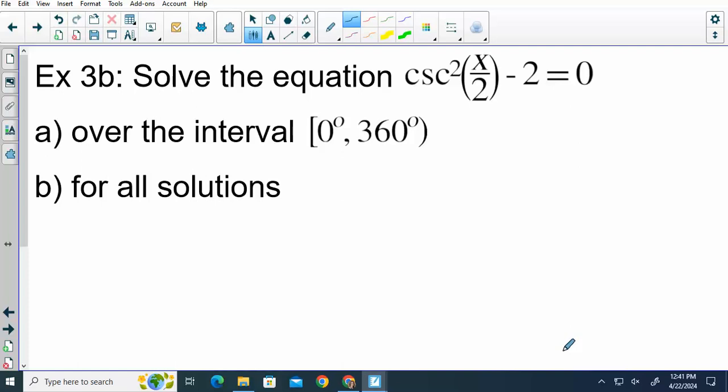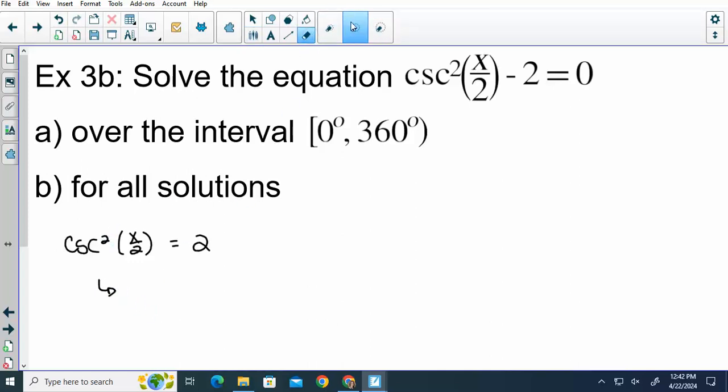Okay. So what would you do first to solve this one? Okay, we may not know off the top of our head when cosecant is equal to 2, but we have to get rid of the square, so what would we do first?